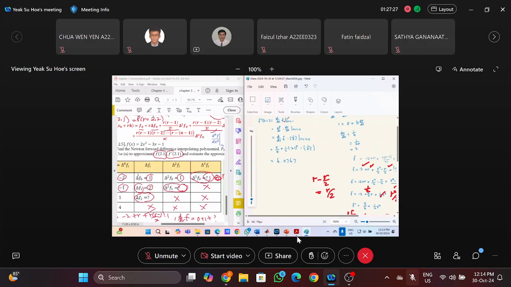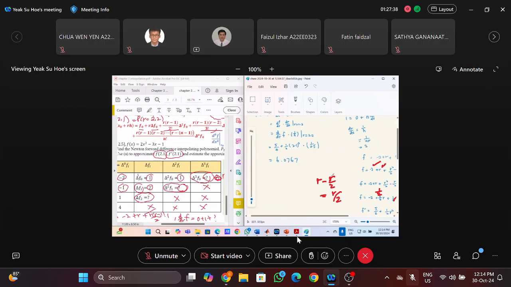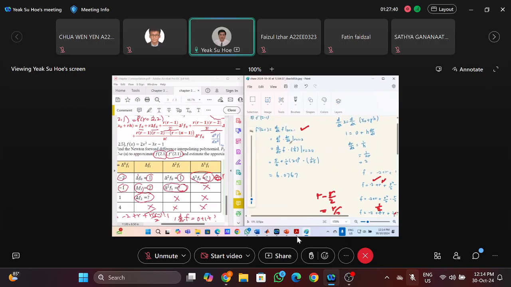This then is equal to df dr ds. R equal to 2.2. Yes, correct. So the function is differentiated on R, and then this one is 1 over h. And then R equal to this. So 1 over h is this, correct?